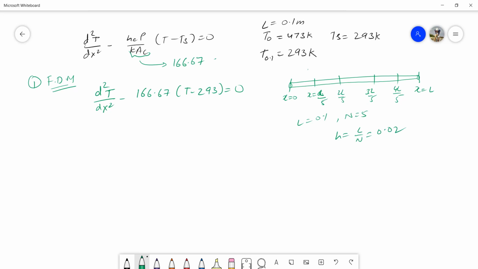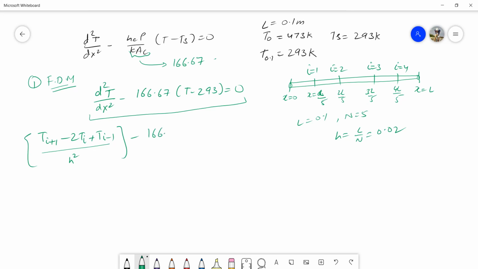Or we can say i equal to 1, i equal to 2, i equal to 3, and i equal to 4. Now we're going to convert this into the finite difference form, that is Ti plus 1 minus 2 Ti plus Ti minus 1 over h square minus 166.67 into (Ti minus 293) equal to 0.